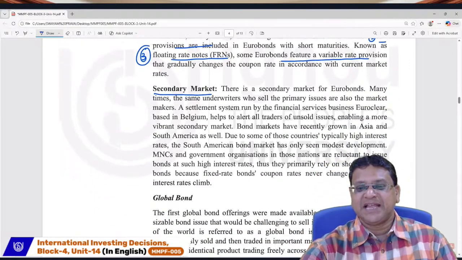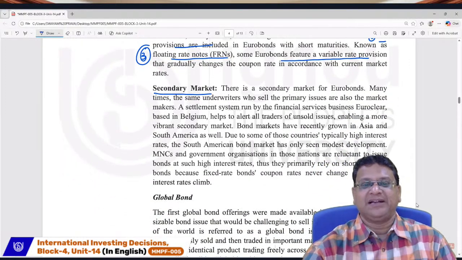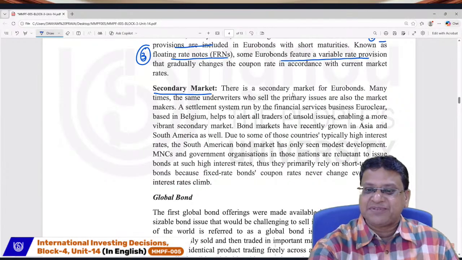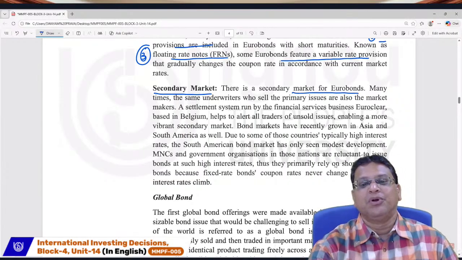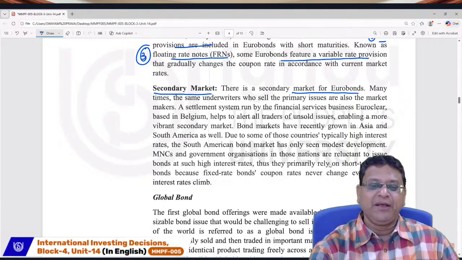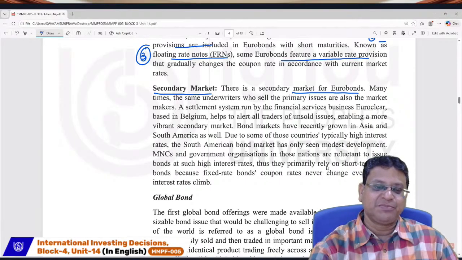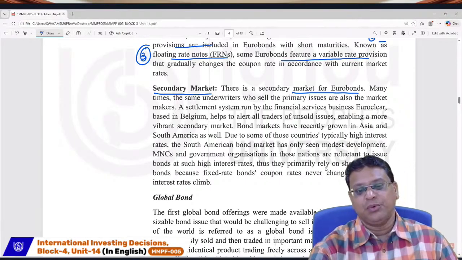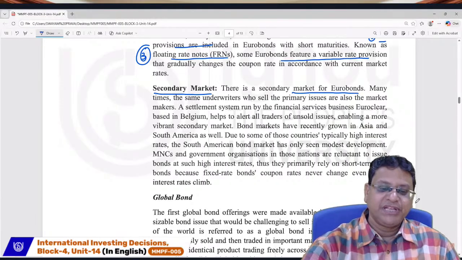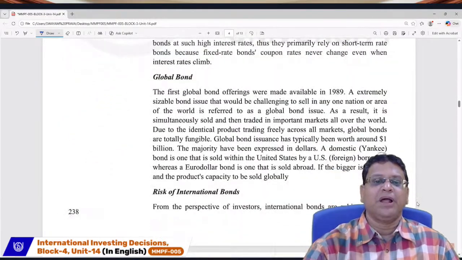So normally there exists an active secondary market for Eurobonds, but for foreign bonds, a secondary market may or may not exist. That is the difference between foreign bond and Eurobonds. Next, global bond. What is global bond?